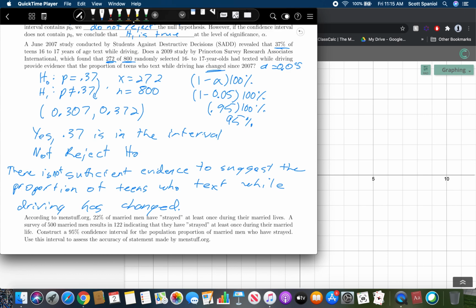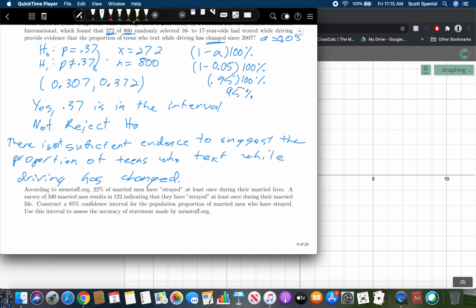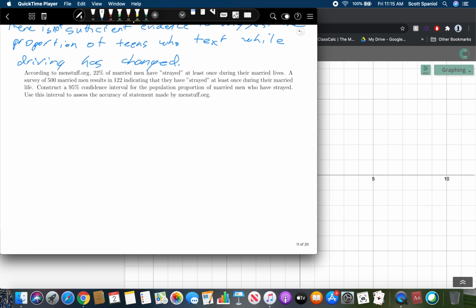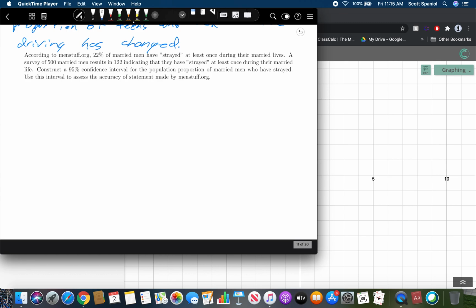Okay, and so that's the idea. So you can do a two-tailed hypothesis test using a confidence interval by simply saying, is your P naught value in the interval around your sample data or not? So go ahead and pause the video for a second and try doing this second one.